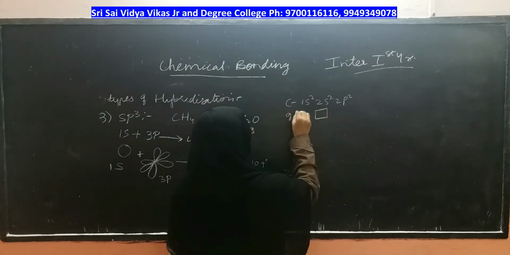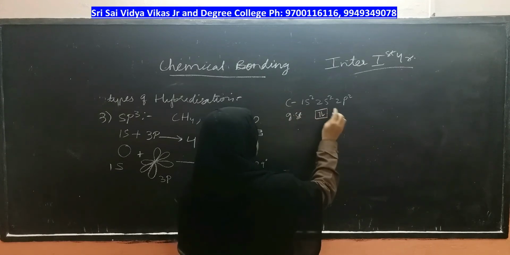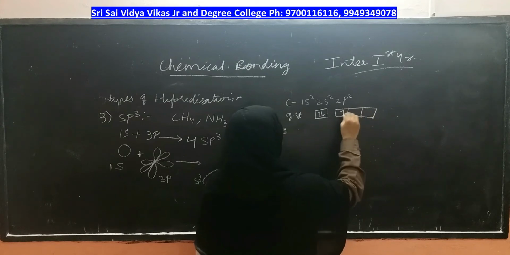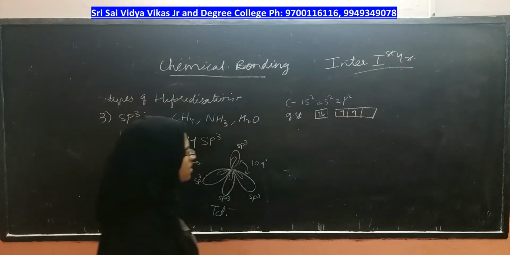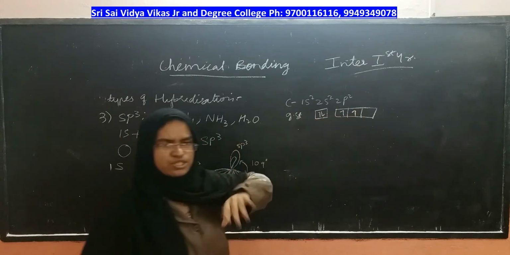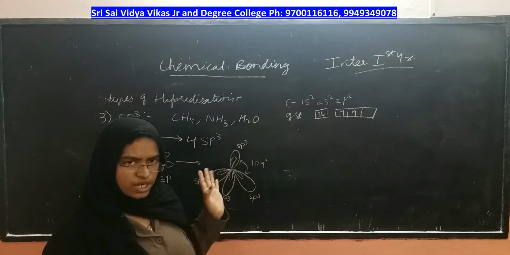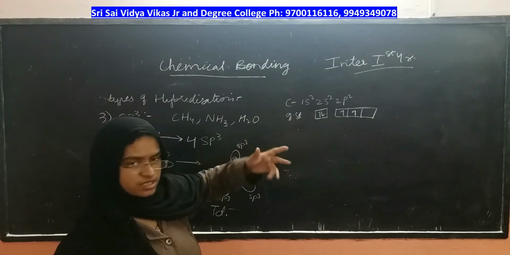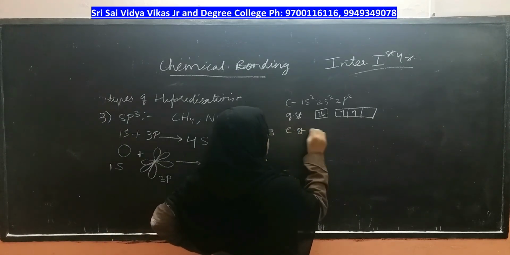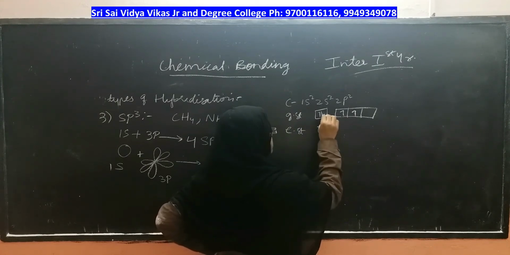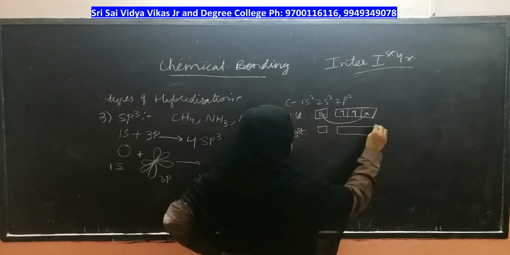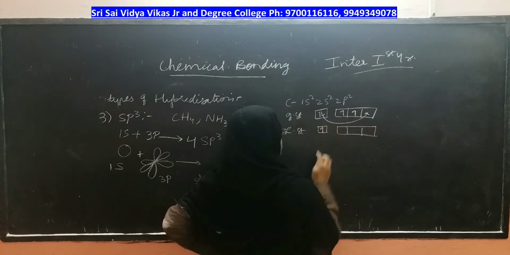This is the ground state in which one electron pair is present, right? Now this orbital should give one electron to hydrogen, but can it give equally? No, it cannot. So what should happen? Excitation of one electron should happen so that one electron goes to the p orbital.